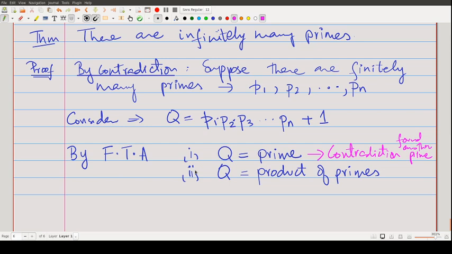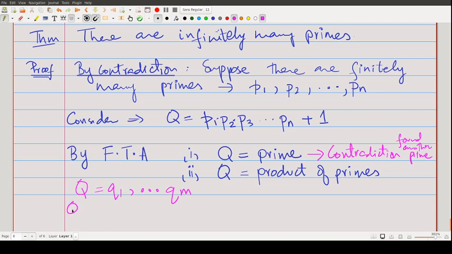In the second possibility, we're assuming that q is a product of primes. So what are these primes that are dividing q? Let's suppose q is a product of q1 up until qm. Let's suppose there are some primes that divide q. Now the question is, are they included in this list, P1, P2?